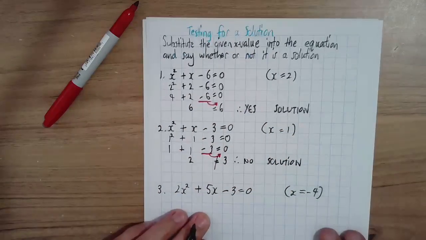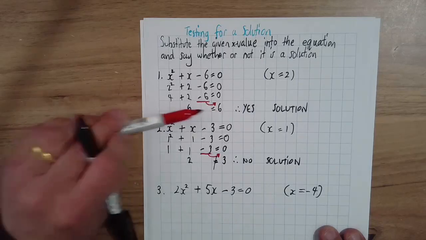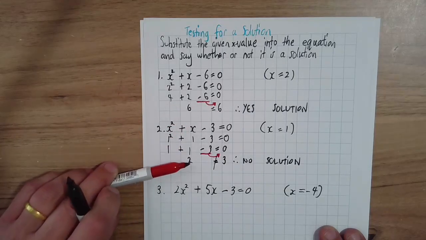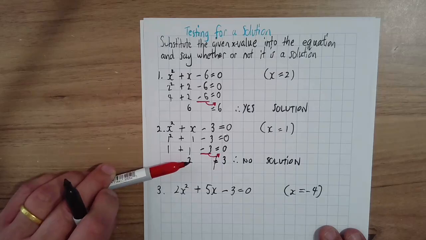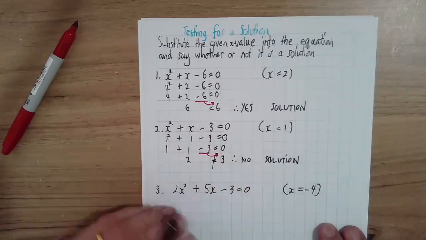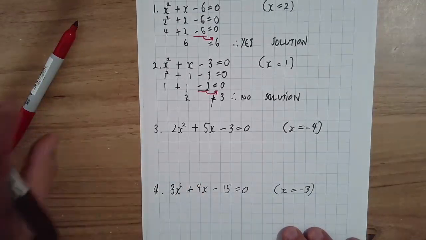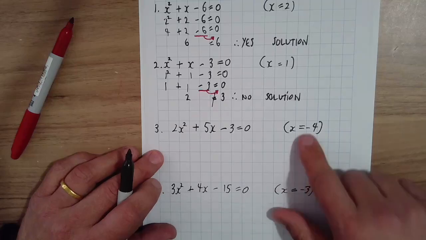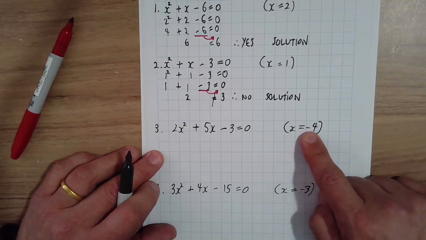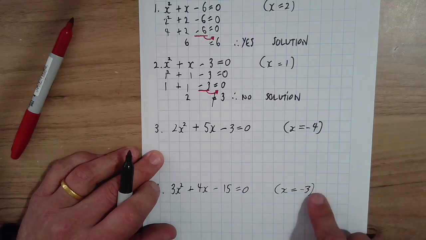All right. So we've got two choices. Yes, we have a solution when what's on the left equals what's on the right, or when what's on the left does not equal what's on the right, there's no solution. All right. Moving to questions 3 and 4. What we can see with these two questions is we have x equals negative 4 and x equals negative 3.